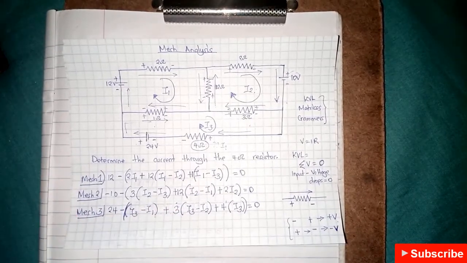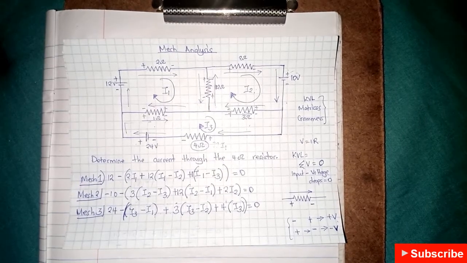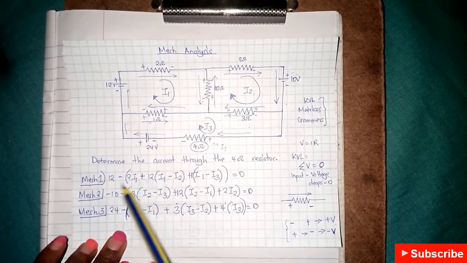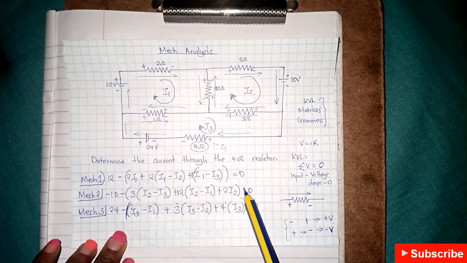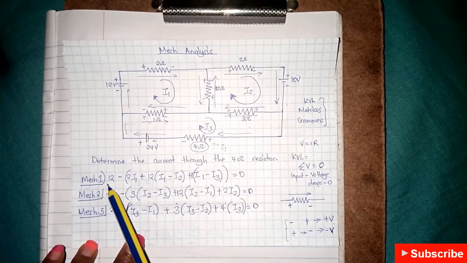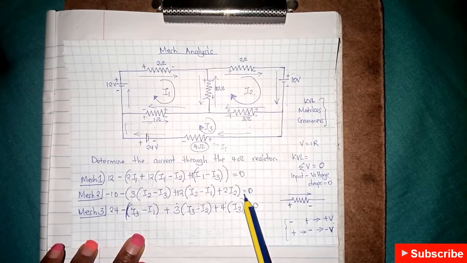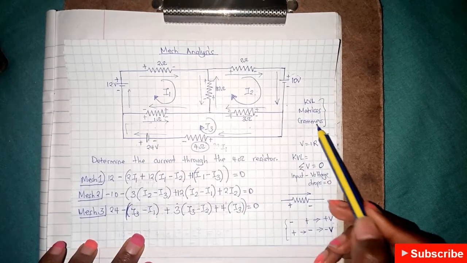Okay, so once we have all this, then we can now start simplifying these equations, and then do matrices and apply Kramers rule.